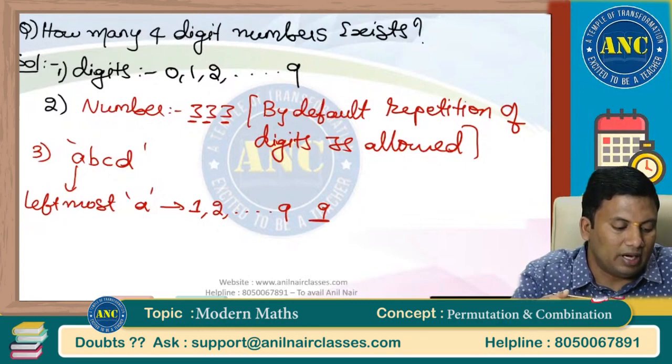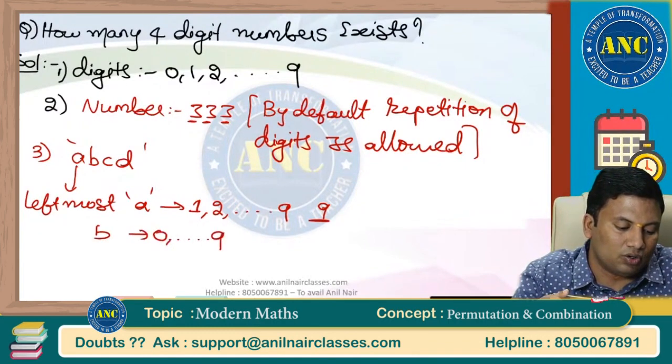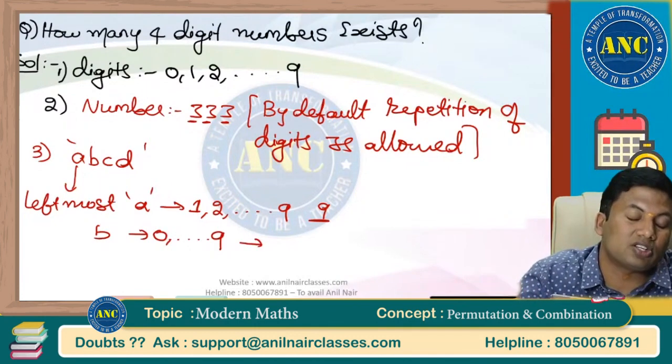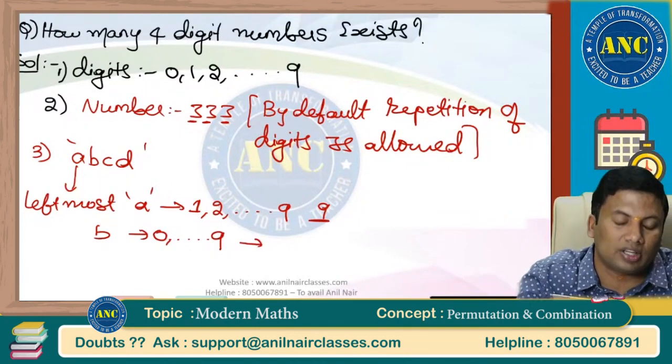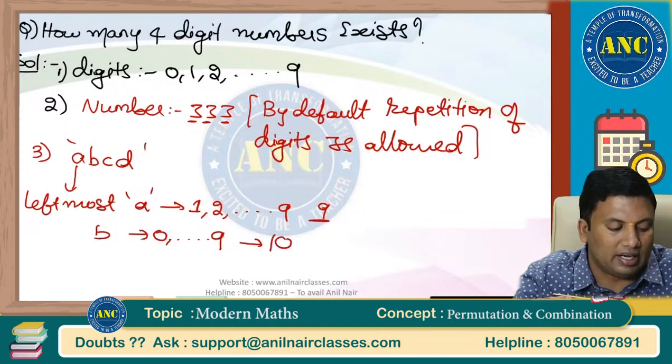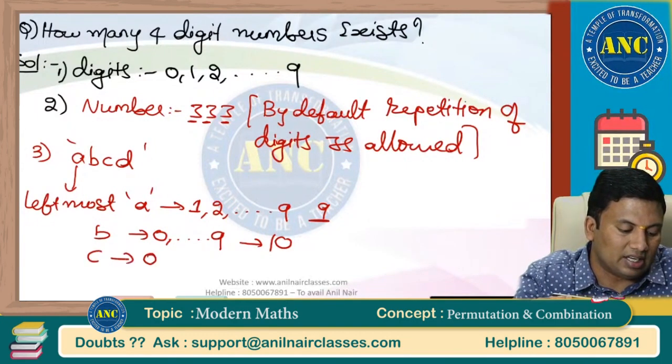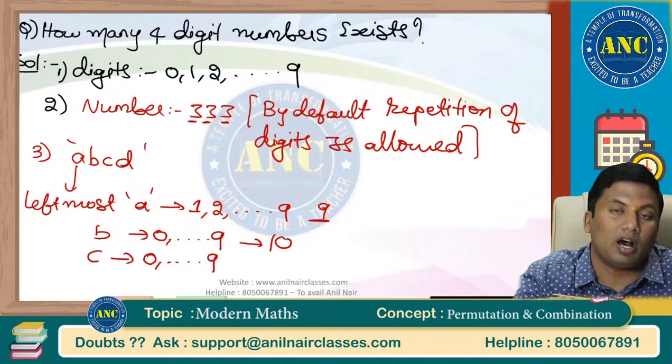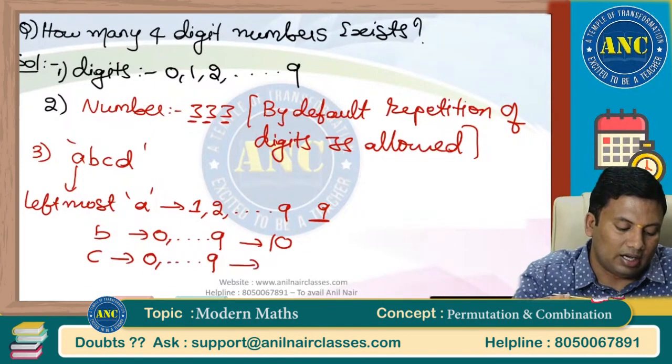Similarly, B can take any digit from 0 to 9, so 10 cases. C can take 0 to 9, again 10 cases. D is either 0 to 9, 10 cases.